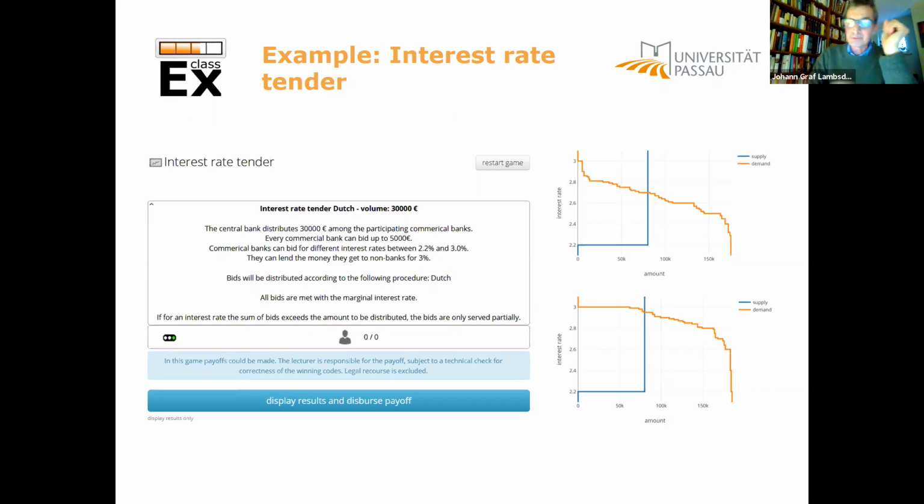Because believe it or not, what you see here is very close to the bidding behavior we see in actual central bank biddings. So it sometimes can help you, in particular, when you reveal some actual bidding curves for central bank biddings, to link that to what your students did.